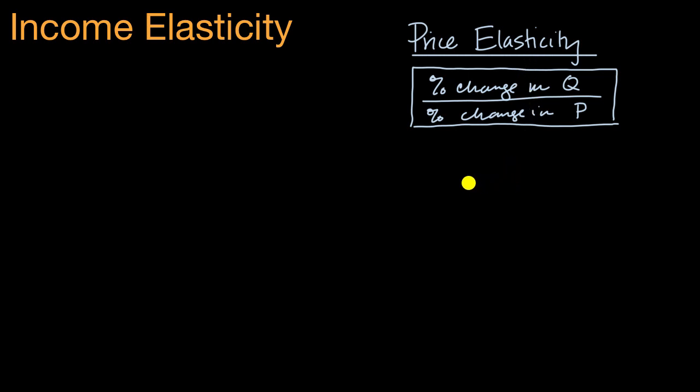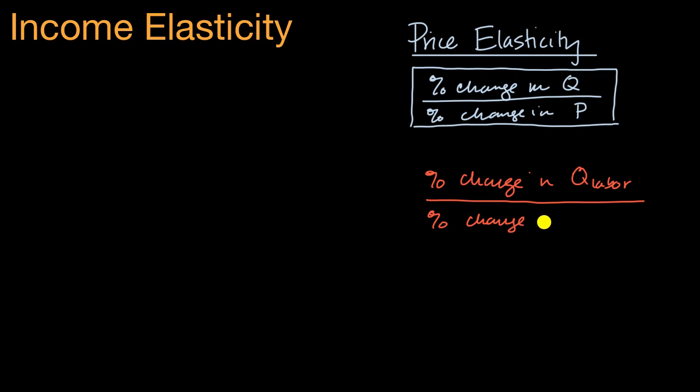For example, you could look at the percent change in labor supply. So you could say quantity of labor, that would be our labor supply, divided by our percent change in wages. I'll just write it out, wages. And you could view that as our percent change in the price of labor.